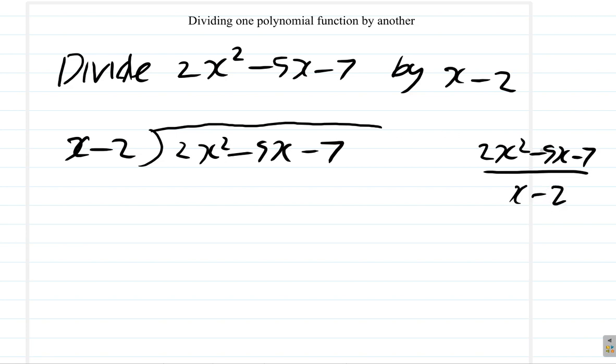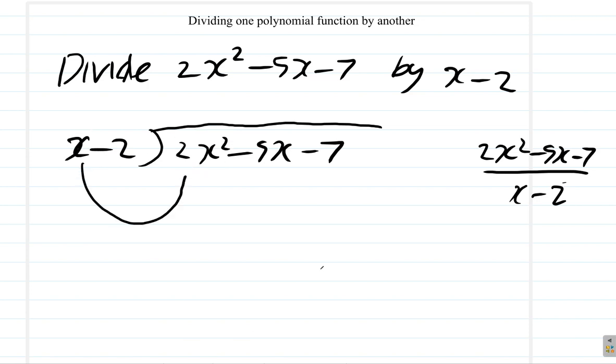But anyway, what we have is this, which is the dividend divided by the divisor, which will give you an answer which we call the quotient, plus a remainder, if any remainder is there. Remember now, you're going to divide the 2x squared alone by x.